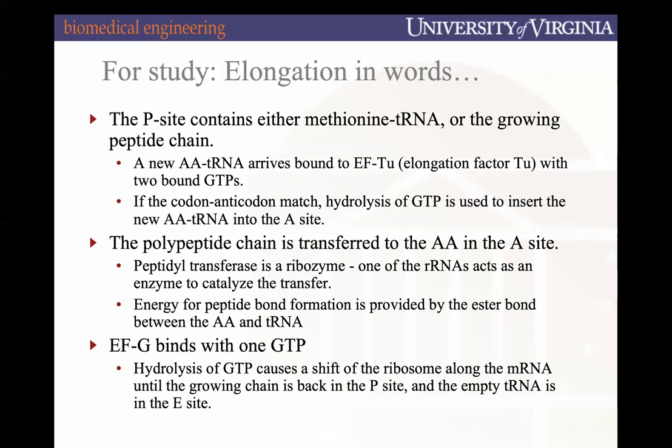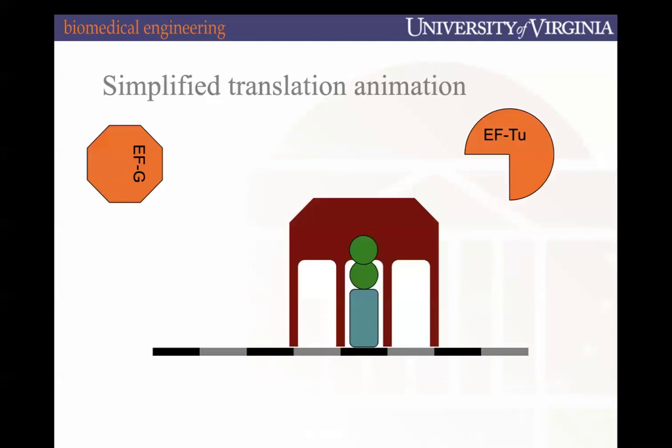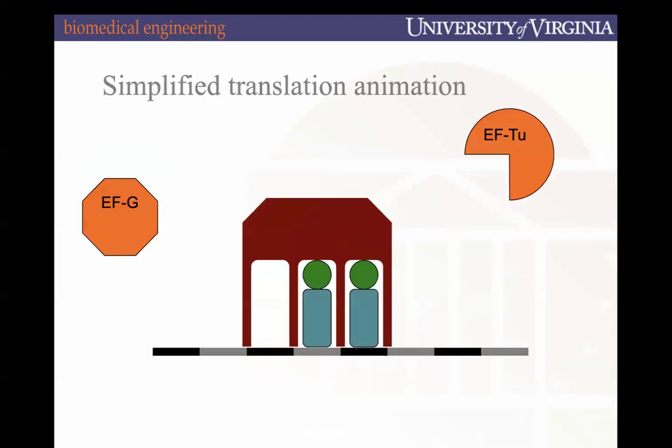And finally, it might actually be helpful to use the illustration for this here. So the ester bond present between each transfer RNA and each amino acid, there's an ester bond here. The energetics of the ester bond are going to be used to form a peptide bond, that's the type of bond between adjacent amino acids.